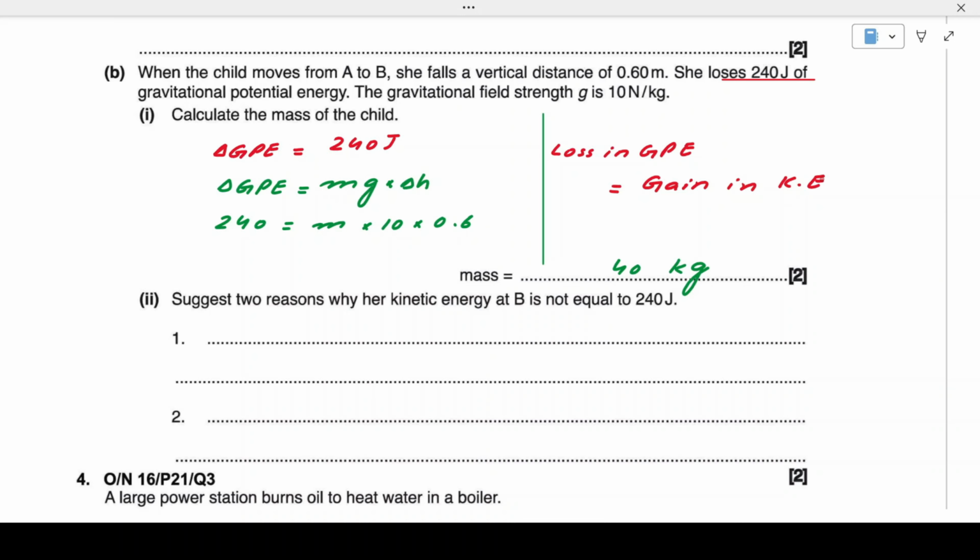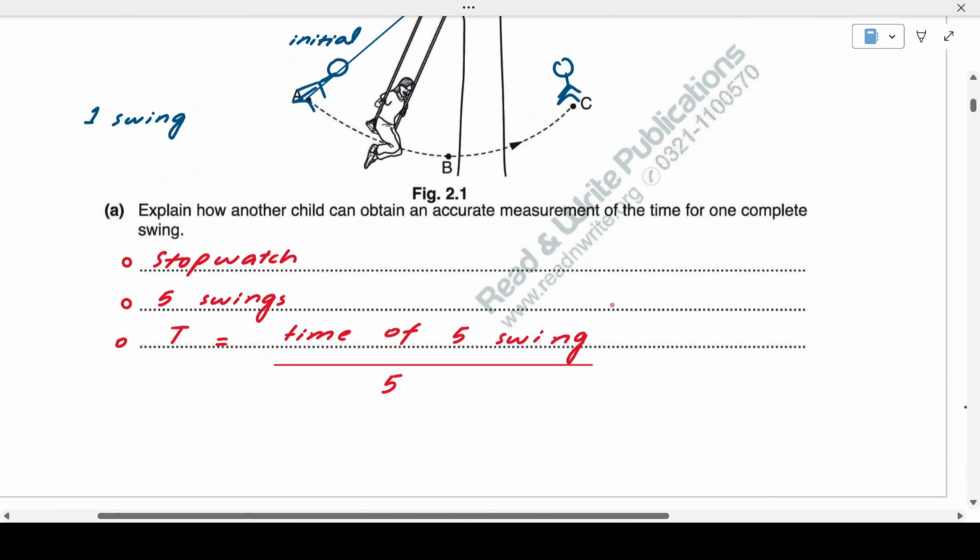The loss in GPE should be equal to the gain in kinetic energy. So if she loses 240 joules of GPE, that should have been converted into kinetic energy, because energy cannot be destroyed. But the question is, why is kinetic energy at B not equal to 240?